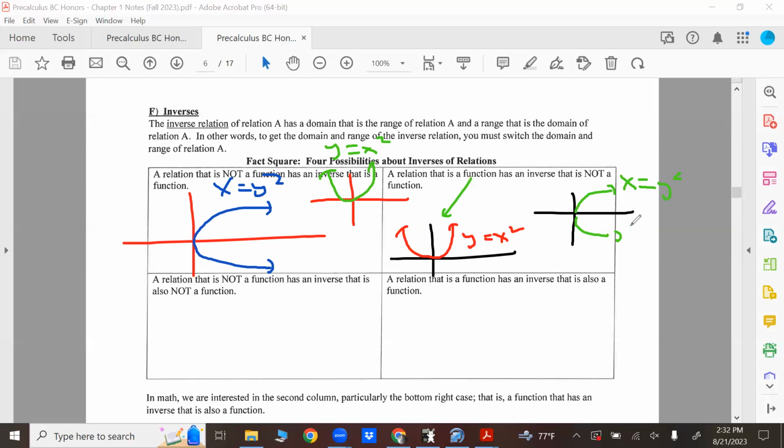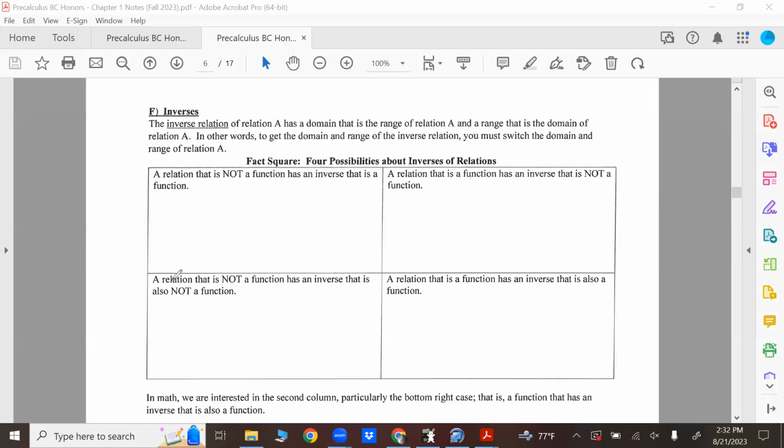Now, let's do something where both the regular and the inverse are not functions. Anyone have an idea? Okay, that's a crappy looking circle. Maybe an ellipse, whatever. But yeah, x squared plus y squared equals 1. That's a relationship.